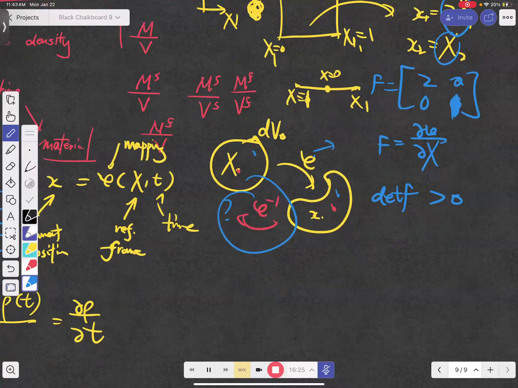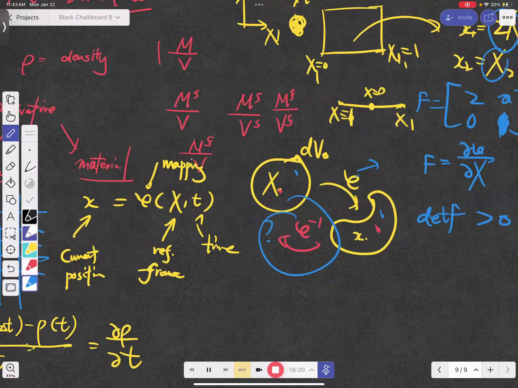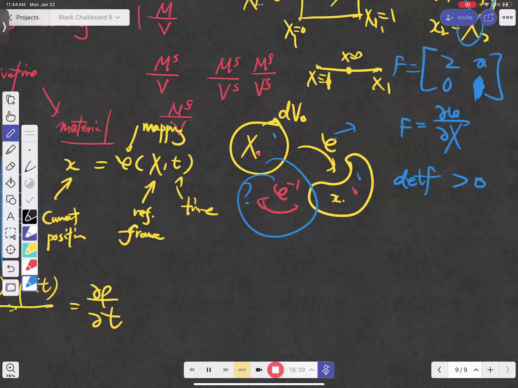So why am I introducing that mapping? It turns out that if you want to follow the material, you have to deal with the fact that the material is moving with that deformation mapping. So you need to introduce the calculus according to that.